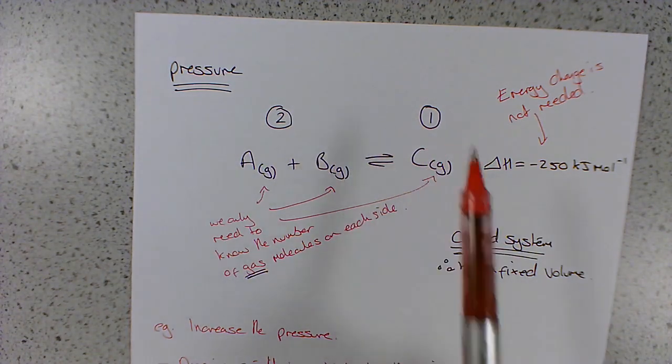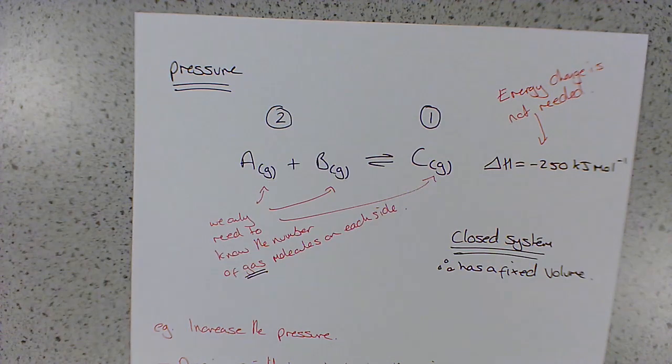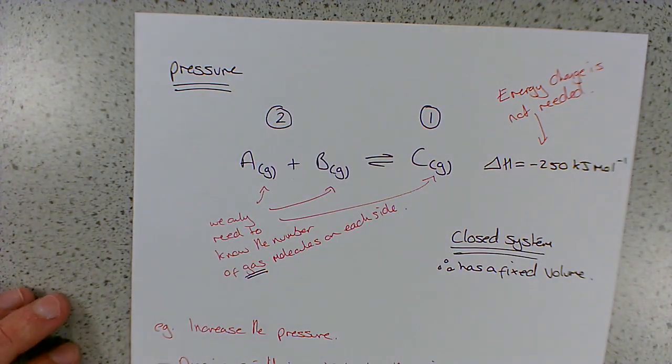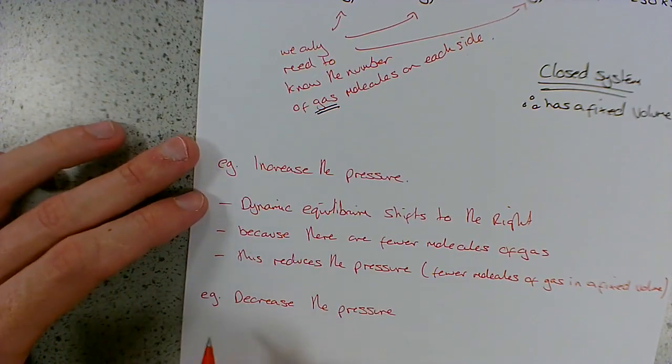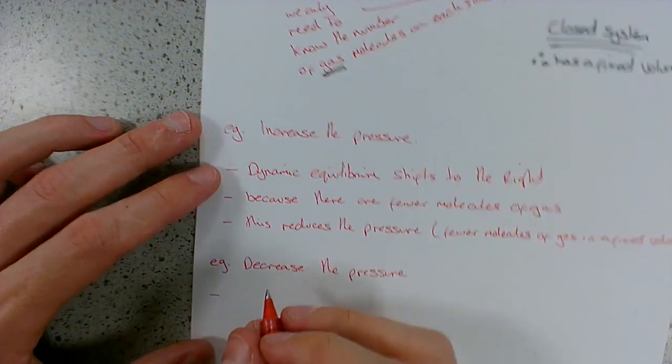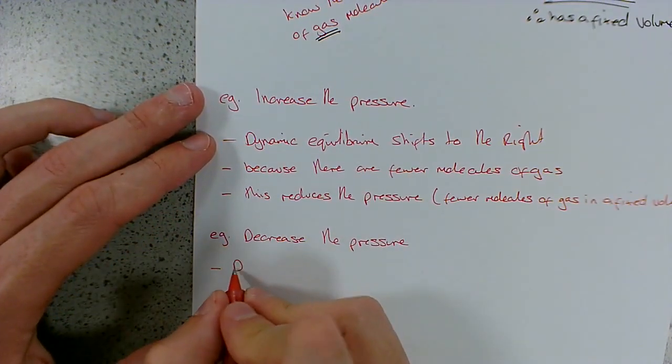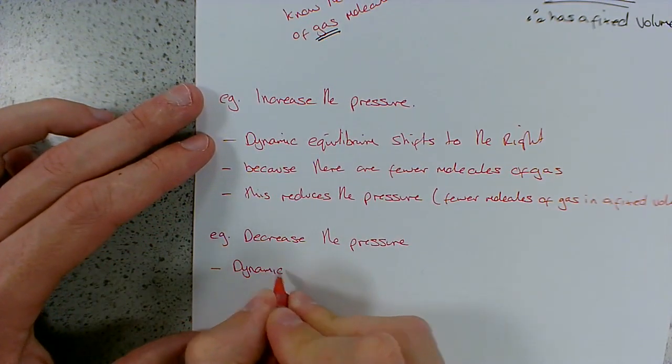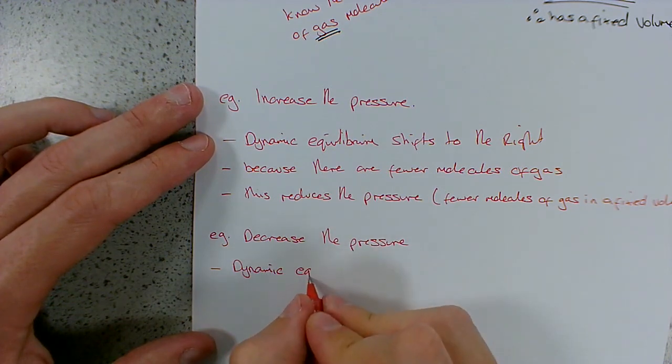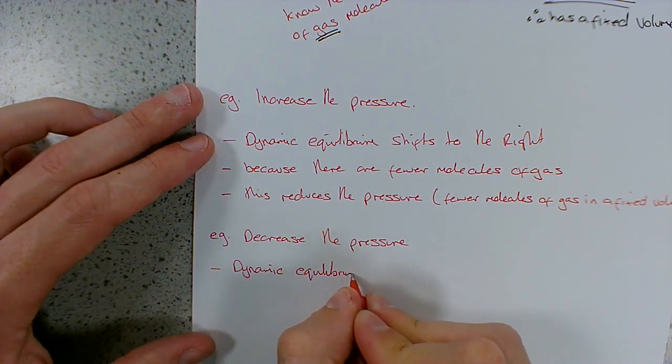It can shift to the right to produce 1 molecule of gas in a fixed volume, or it can shift to the left to produce 2 molecules of gas in a fixed volume. And I've decreased the pressure, so it wants to increase it, so it will shift to the left because there's more molecules of gas on the left, and that would increase the pressure. So decreasing pressure in this case will shift to the left.